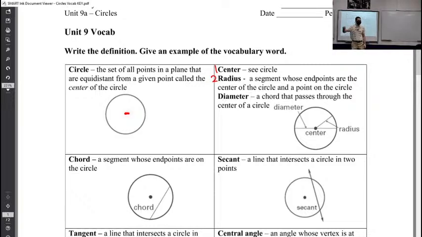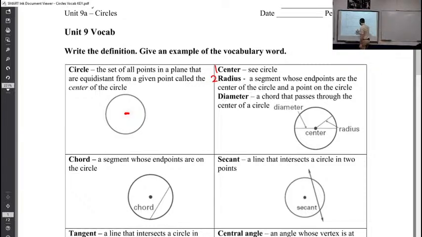So if I'm going, in general, from one point on the circle to another point on the circle, that is called a chord. Remember that if it goes from one point on the circle to the center, that's called a radius. If it goes from one point on the circle to another point and it goes through the center, it's called a diameter. But if we just start at a point on the circle and end at another point on the circle, that's called a chord.